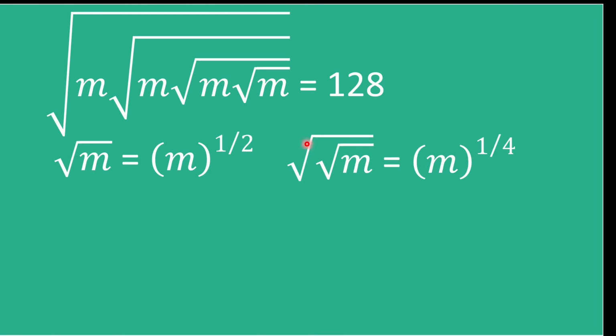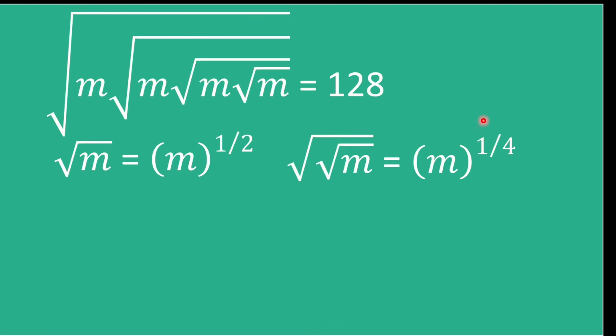Why? Because this square root is equal to power 1 divided by 2. So if we multiply 1 divided by 2 two times, it will become 1 divided by 4. 1 divided by 2 into 1 divided by 2 equal to 1 divided by 4.